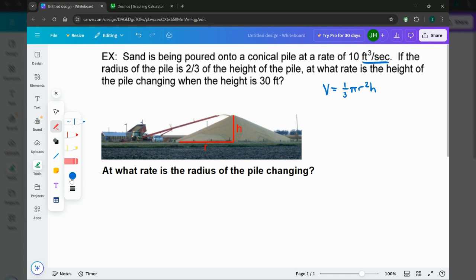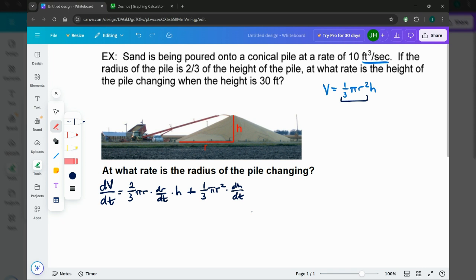So if I wanted to actually take the derivative of that function, the derivative of V with respect to time, I would have to take the derivative of this first part, which would be 2/3 pi times r to the first times dr/dt, and I'd have to multiply that by h. Then I'd have to add that 1/3 pi r squared times the derivative of h, which would be dh/dt.